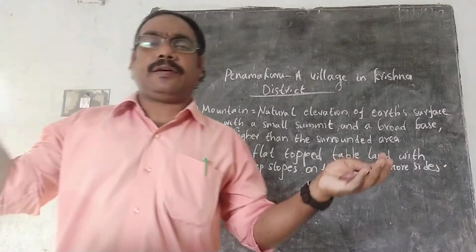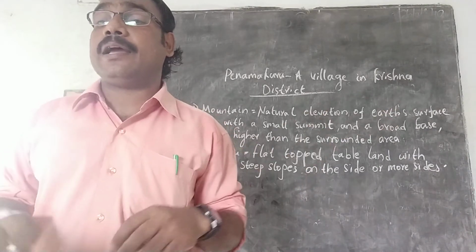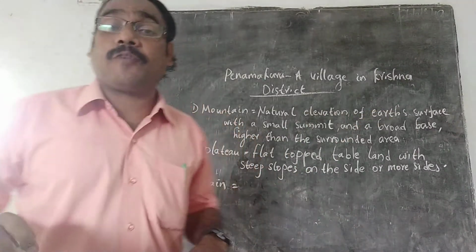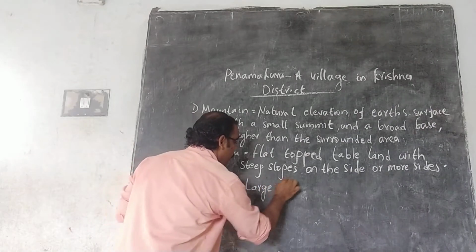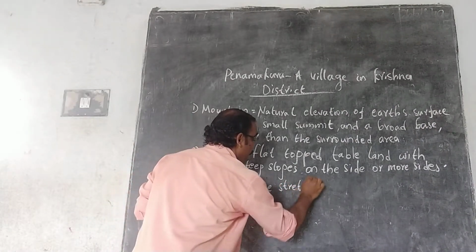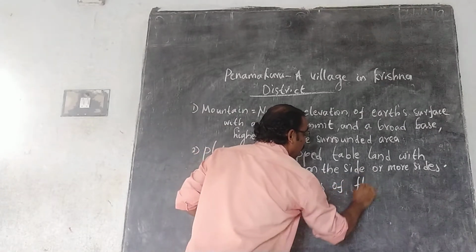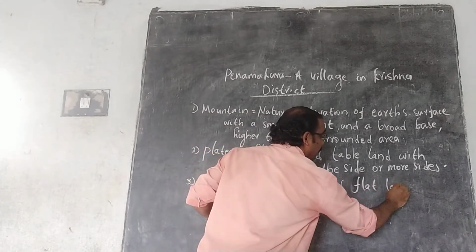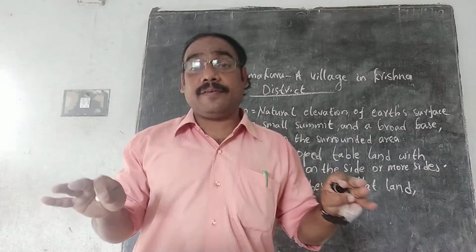Next, coming to plain. In our Chirakullapudi and Siddhanagaram, all this area is mostly plain. Large stretches of flat land. And I told you about mean sea level, yes or no?